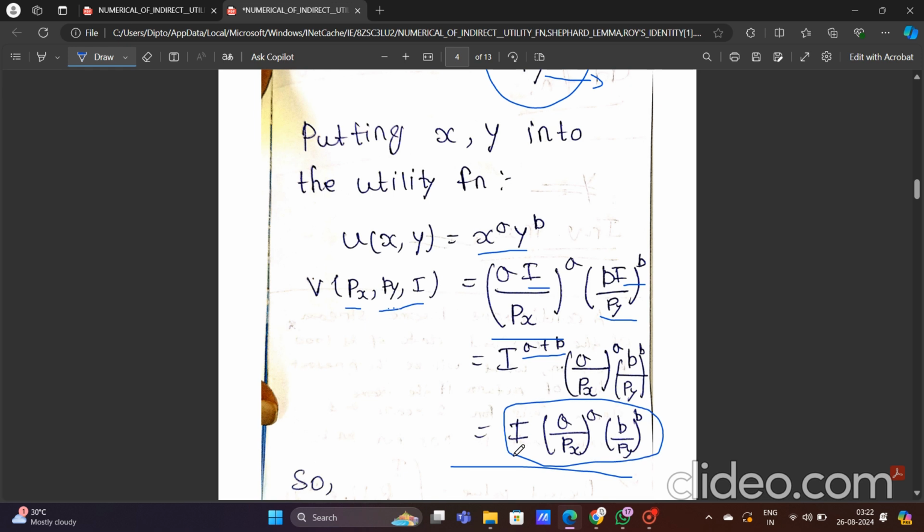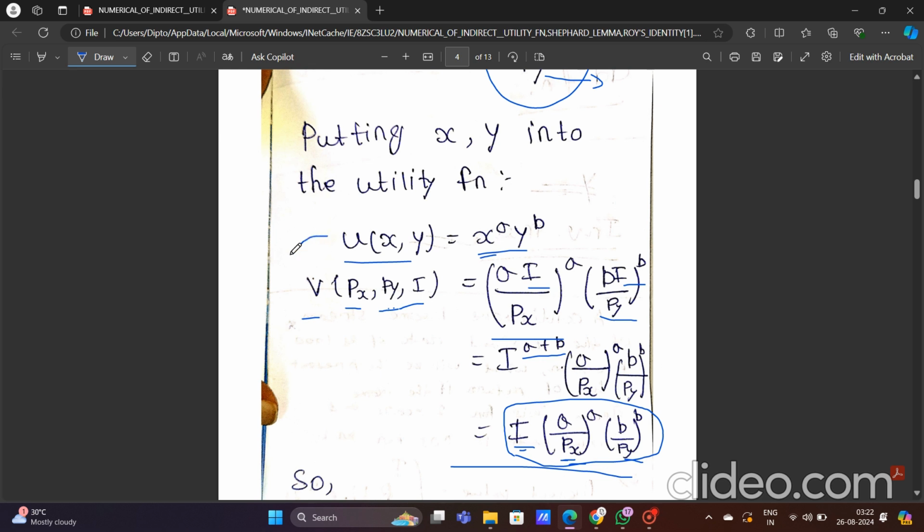It contains income and prices of the commodities. Whenever the utility function is represented by the income and the prices of the commodities, then it is the indirect utility function. And whenever the utility function is represented by the quantities of the commodities consumed, then it is the direct utility function. So in this way we can convert the utility function into the indirect utility function.